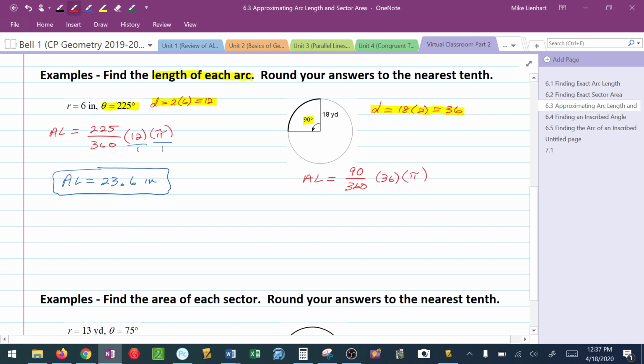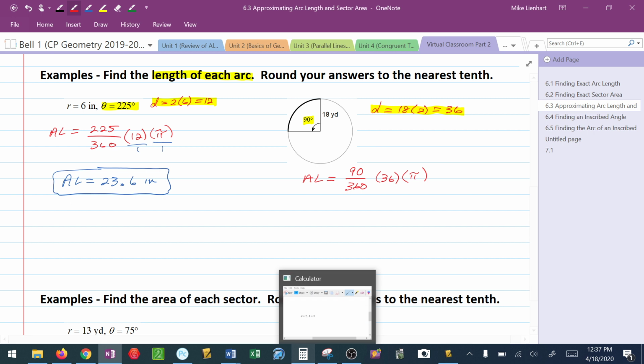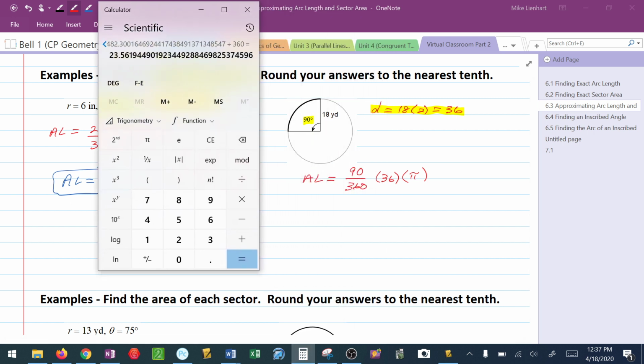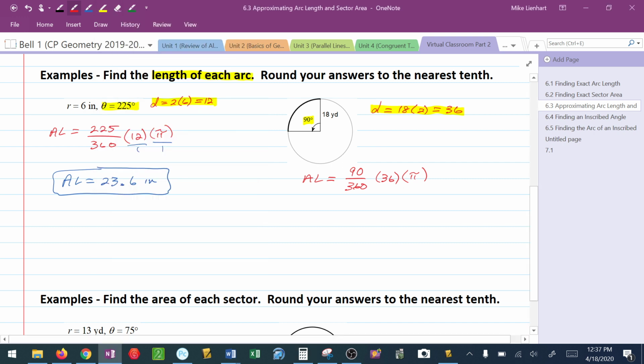And again, I don't have to worry about simplifying on these problems because the calculator is going to do all the work, since I'm approximating. If I take 90 times 36 times pi, get that answer, divide that by 360, and round to the nearest tenth, 28.3 would be my arc length, and that's in yards.